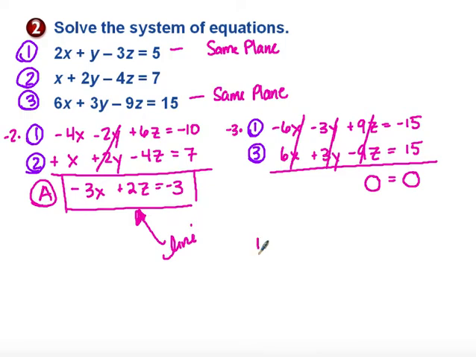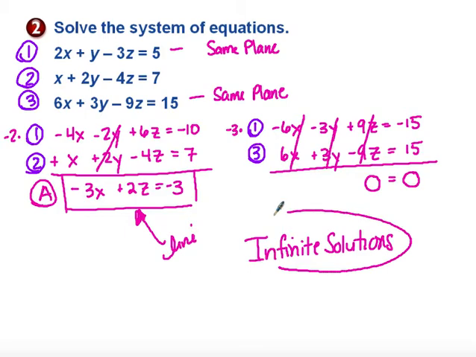So in this case, I'm going to end up with infinite solutions. Basically, anything that would fall on this line would be a solution to these 3 equations. Now, if I ended up over here with 0 equal to 5, that means those are different planes, and there would be no solution.